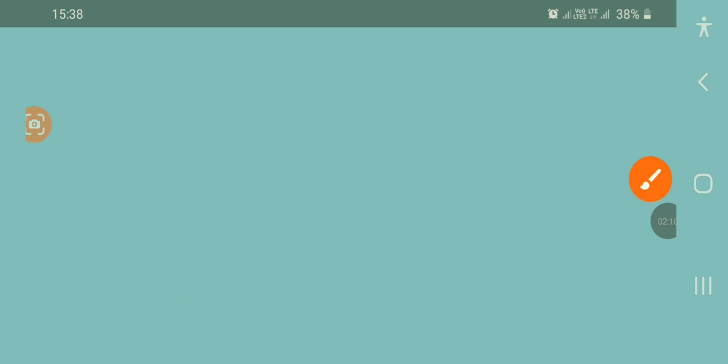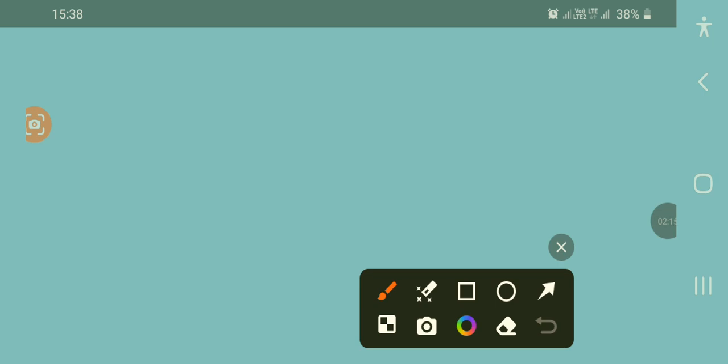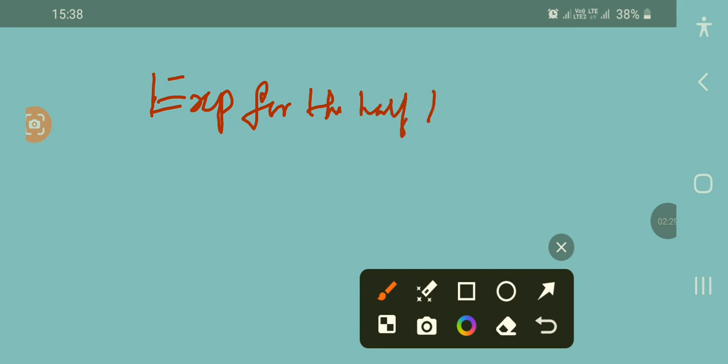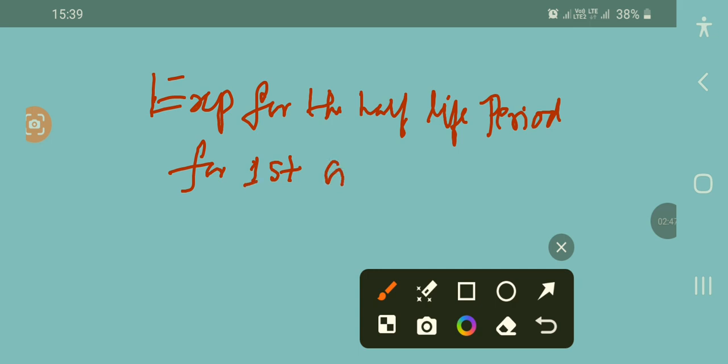Now move on to the next part. Expression for the half-life period for first order reaction.